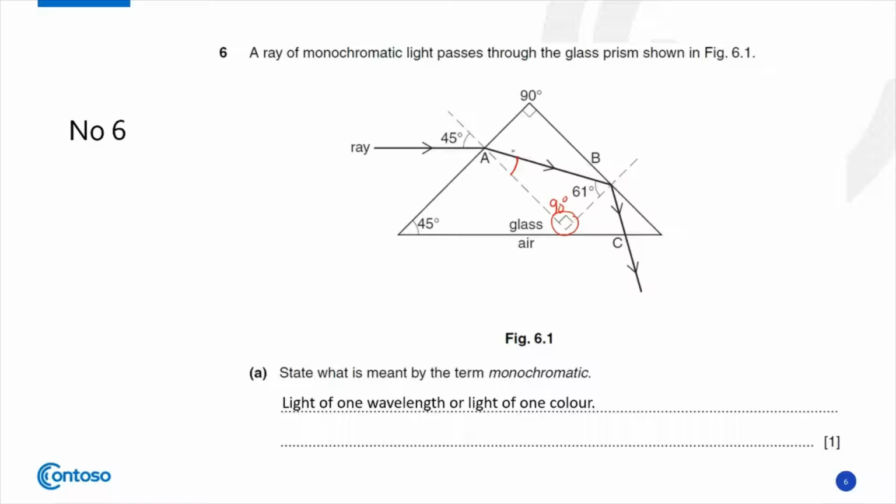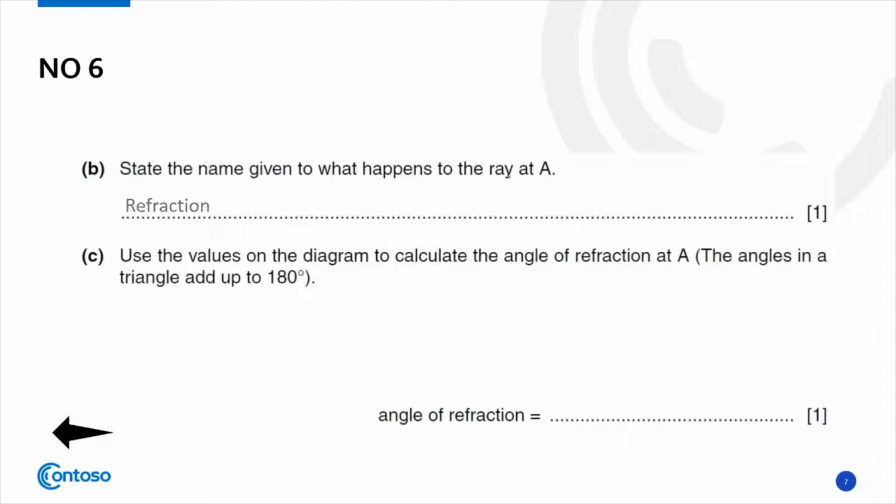So, the angle of refraction can be calculated as 180 degrees minus 90 degrees minus 61 degrees, which equals 29 degrees. So the angle of refraction equals 29 degrees.